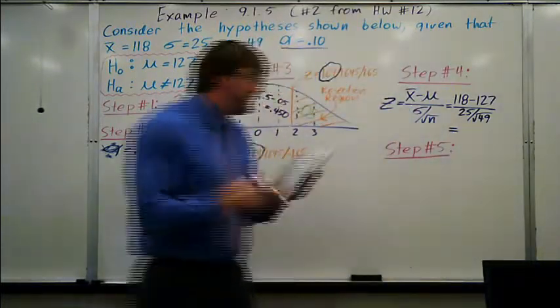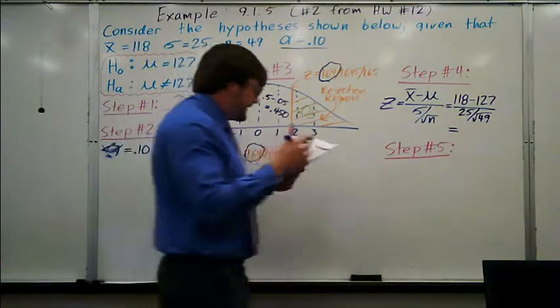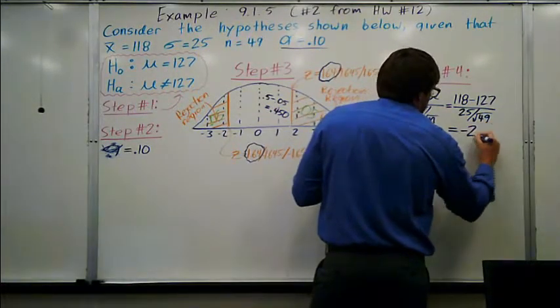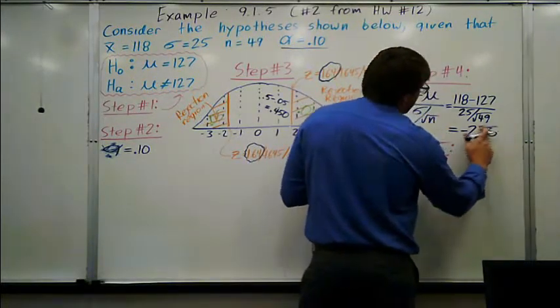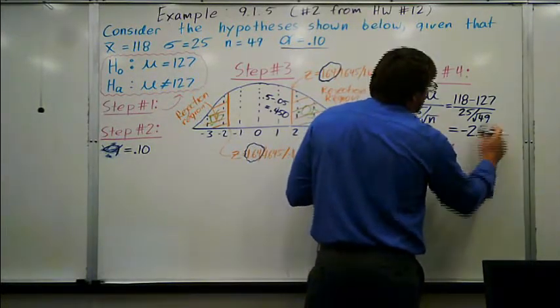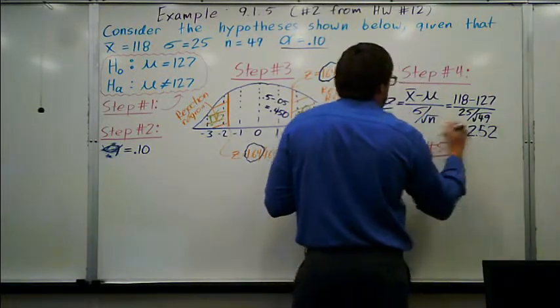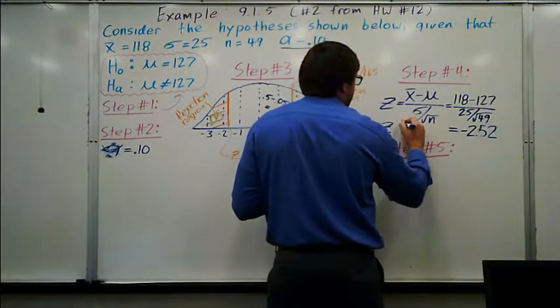So the z-value of our test statistic is negative 2.25. Oh no, sorry, negative 2.52. We'll call that our z test statistic.